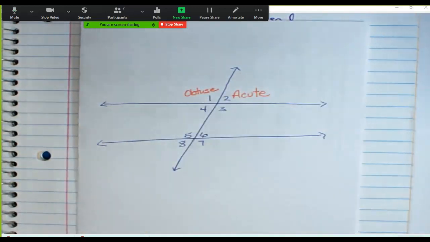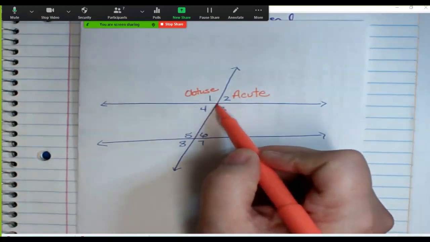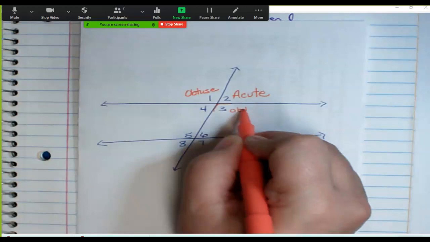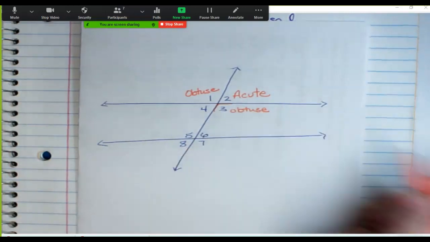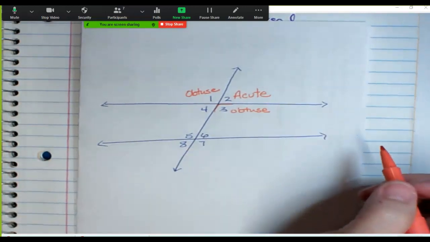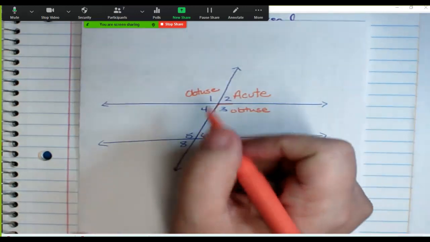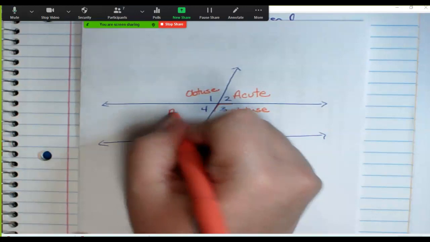Angle 3. It's not a right angle, it's obtuse. Right would be exactly 90 degrees. This is bigger than 90. So it is obtuse. And number 4, acute. And there's a reason why I'm making you label every angle. Bear with me.